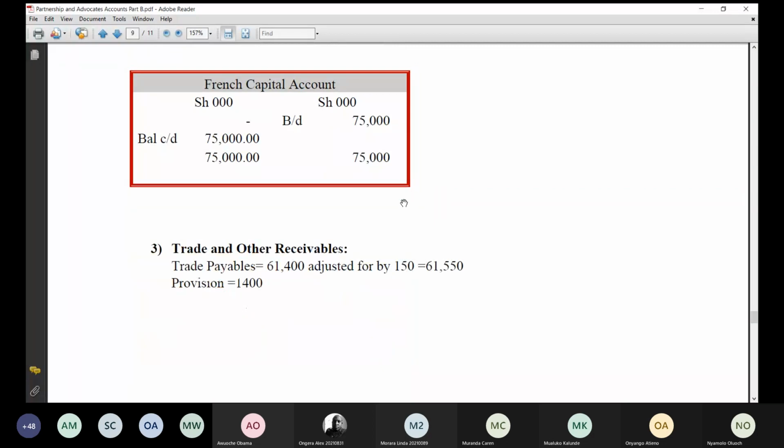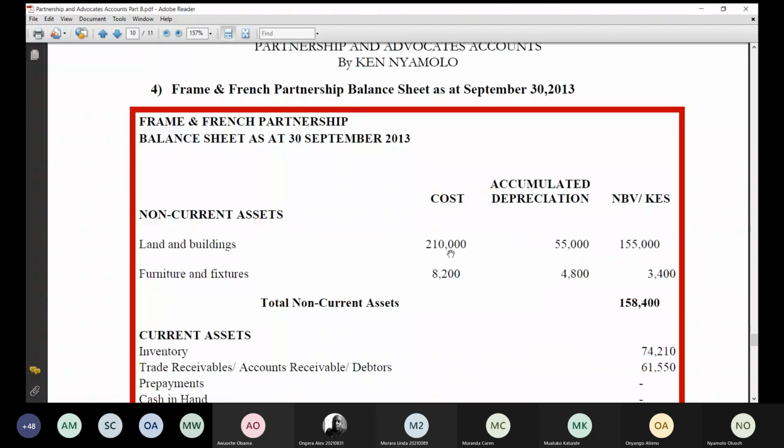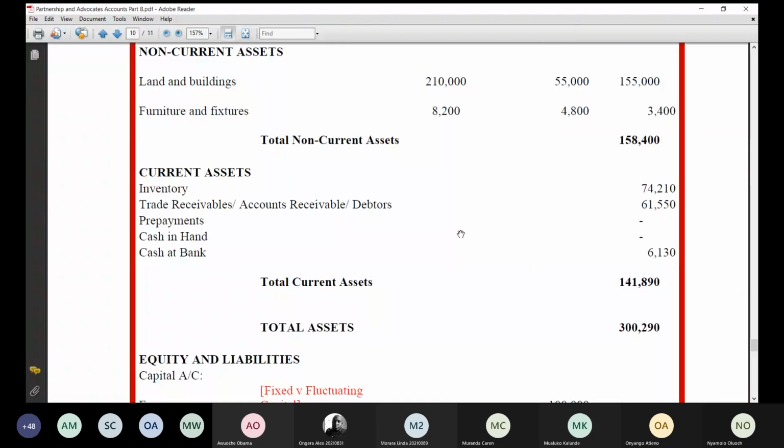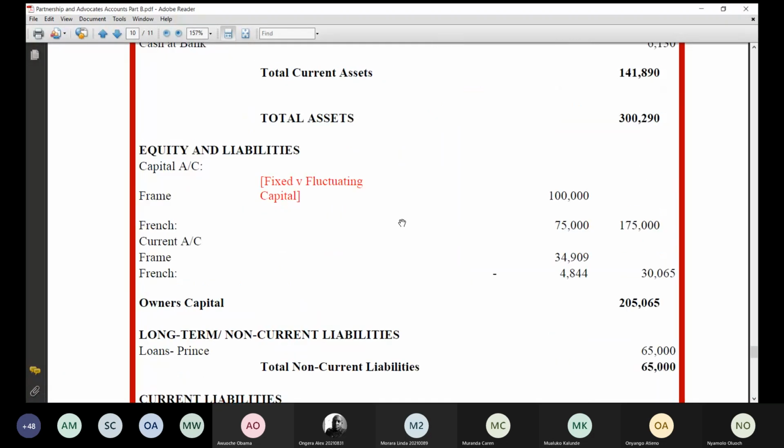So from your workings, you then go and put the rest of the items on the balance sheet. The only thing that would give you more marks is here and those other adjustments that we've done. That is why I did not want to introduce this, because it had a little bit more working.